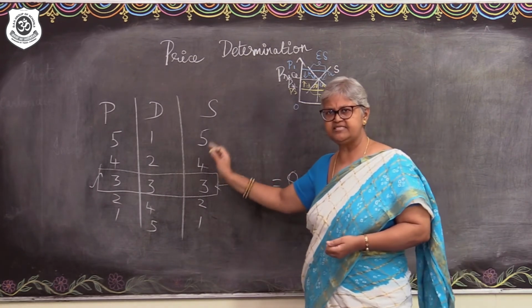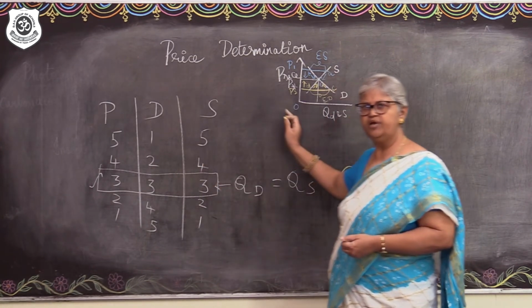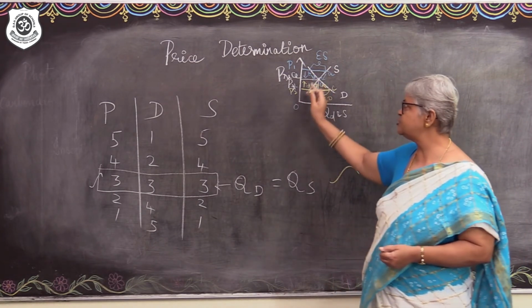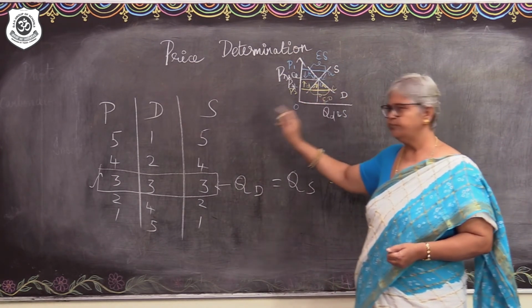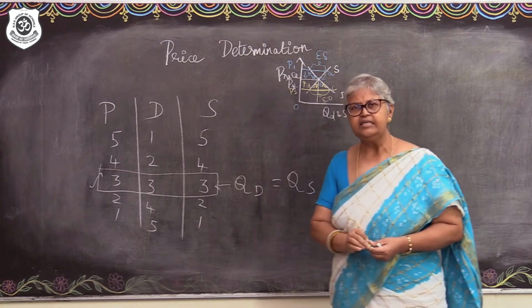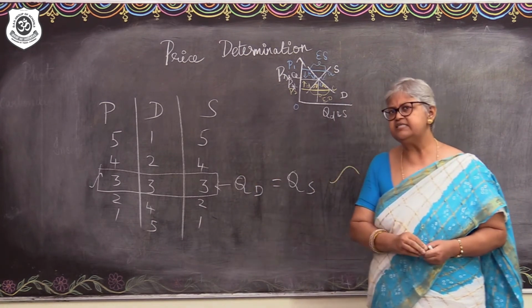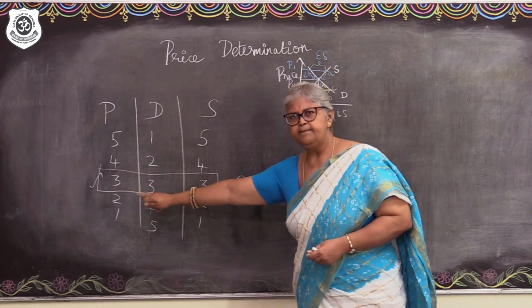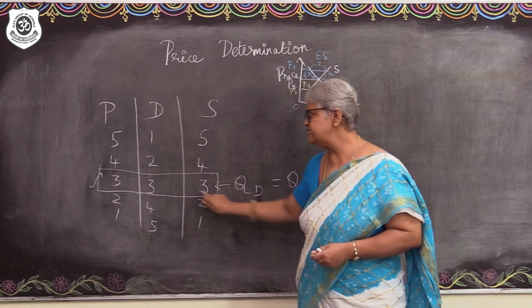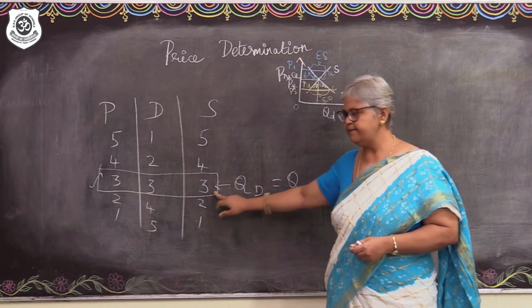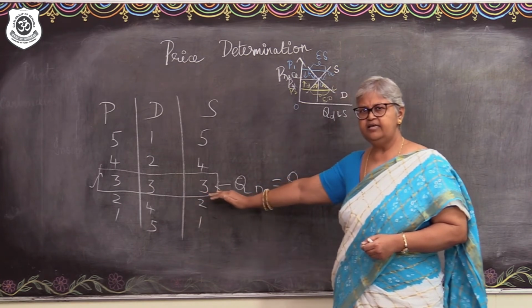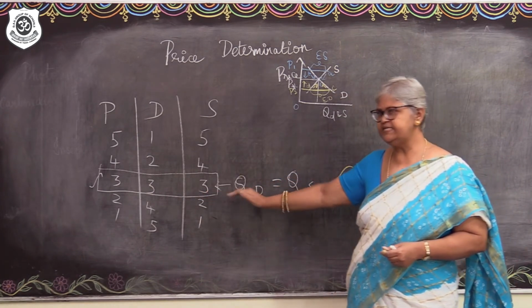Let's come back to this schedule. Now what we have understood is the concept of chain reaction through the diagram. With the help of the table, we will look into a similar concept. Now at 3, while the quantity demanded is equal to the quantity supplied, you have understood that there is the equilibrium price, isn't it?